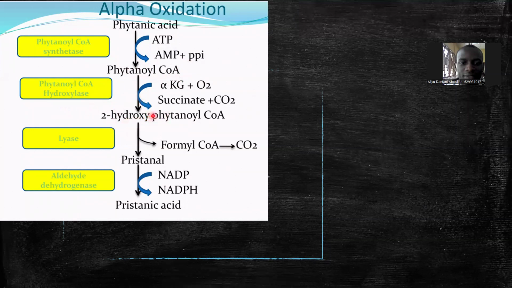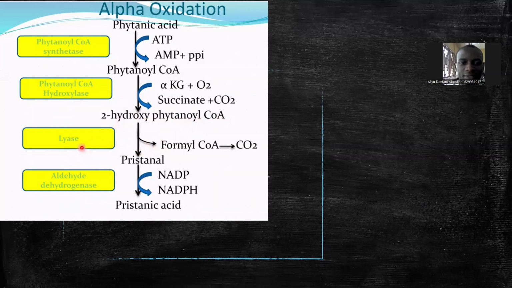A hydroxy group is added, and you need alpha ketoglutarate, which produces succinate. This is a coupled reaction from the TCA cycle, if you remember. Alpha ketoglutarate dehydrogenase produces succinate, I hope I'm right. So anyway, in the presence of this enzyme, we have this.